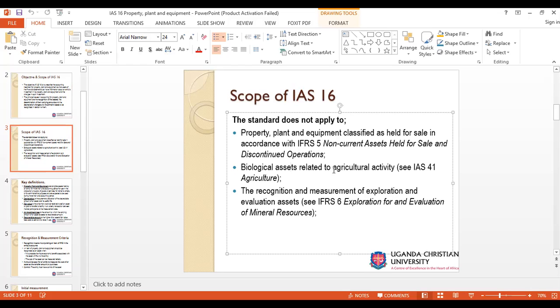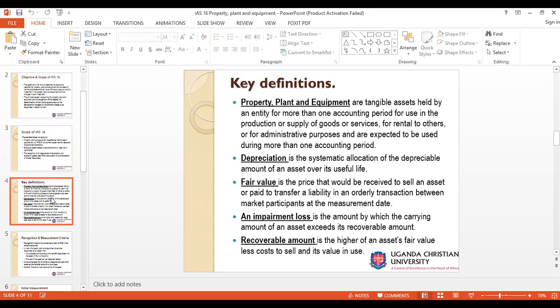Biological assets related to agricultural activity: when you are dealing with agricultural assets, you are not guided by IAS 16, rather you are guided by IAS 41 Agriculture. The recognition and measurement of exploration and evaluation assets: where you are dealing with assets that arise as a result of exploration and evaluation of minerals, then you are guided by IFRS 6, but not IAS 16.